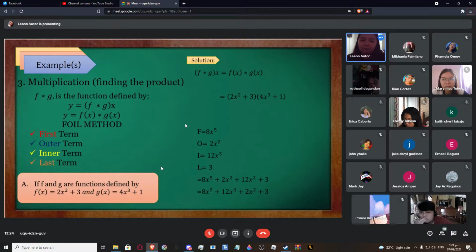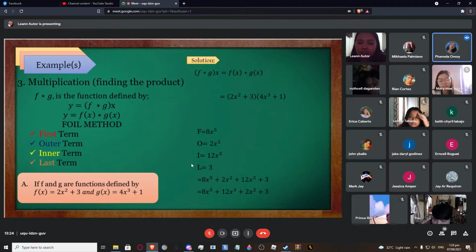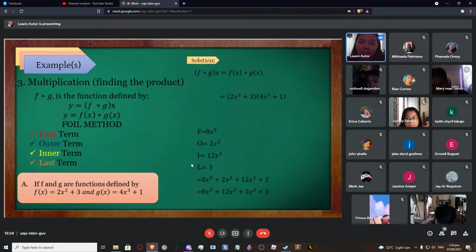Identify unsa ang first term. 2x squared times 4x cubed. Na-result nga 8x to the power of 5.